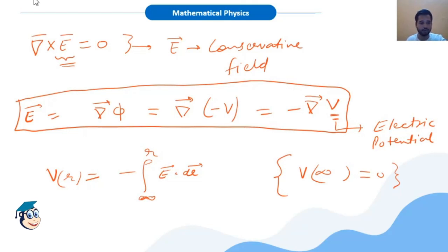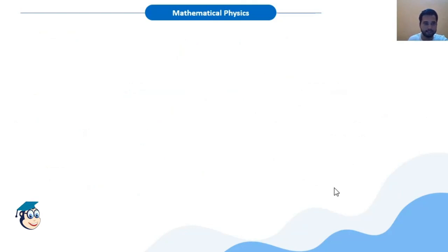Okay, so let us solve an easy example. But before solving the example, let me calculate the potential difference between 2 points: VB minus VA is equal to minus integral from A to B of E dot dl.